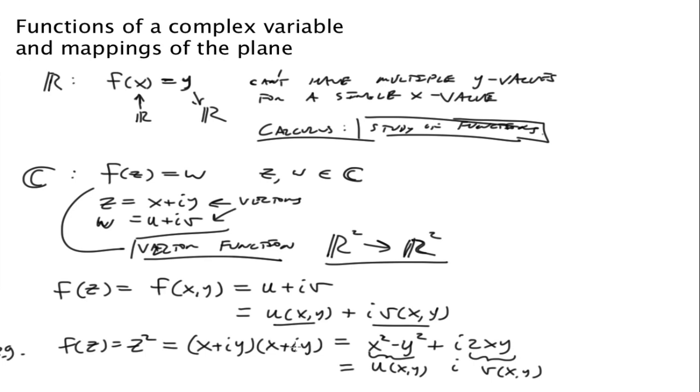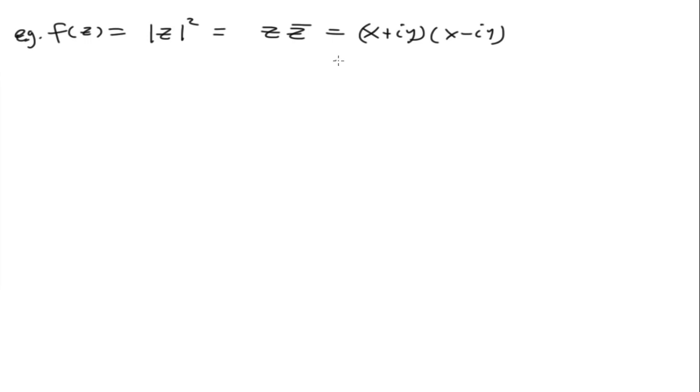A lot of what we'll be doing in this class is identifying the real and imaginary parts of functions, and then trying to understand some of their examples. So let's go through another example real quick. Let's talk about f of z is equal to the squared complex modulus of z. This is actually z times z bar, which is x plus iy times x minus iy, which is equal to x squared plus y squared.